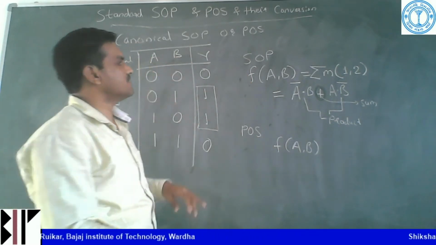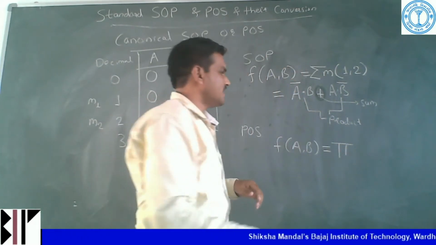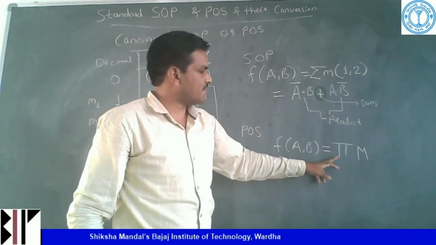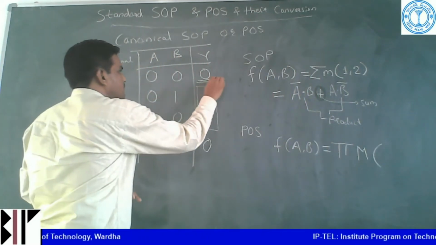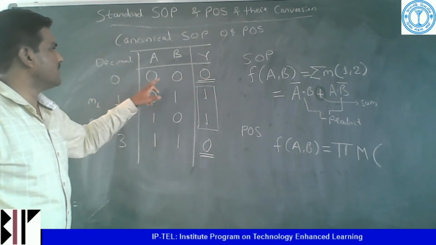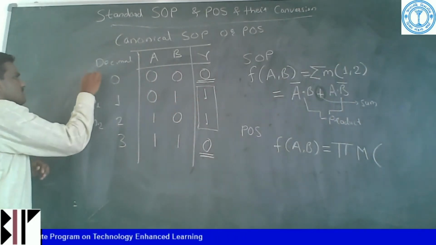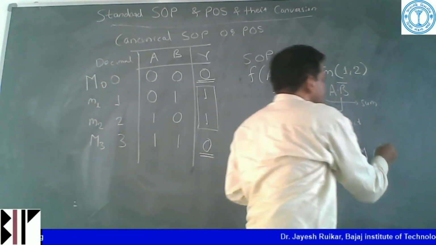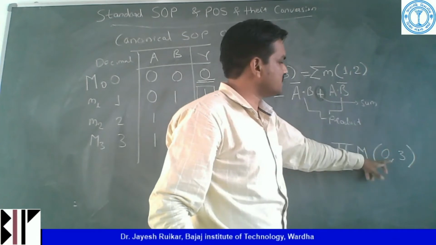For POS form, you have to write pi and then capital M. In SOP form it is summation and small m; in POS form it is pi and capital M, and we have to consider the rows where the output is 0. So for this particular instance I have M0 and M3, just the dual of this. Since 1, 2 is there, the dual is 0, 3.